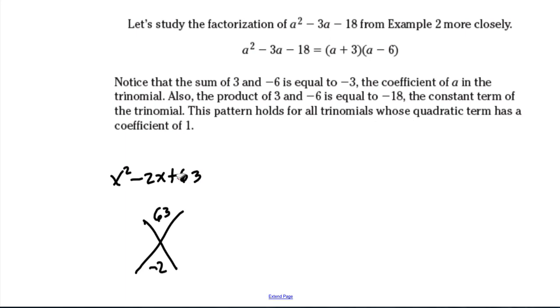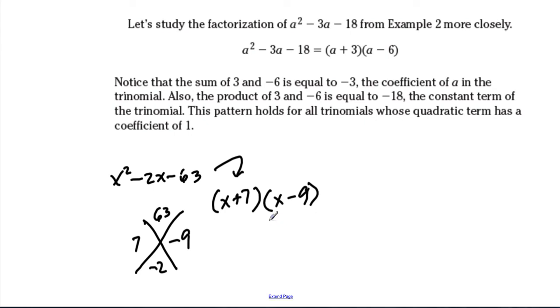My bad, this is actually negative 63. Okay, so that would be positive 7 and negative 9. So since the coefficient is 1, all you need to do is write down your x in quantities, and now you have plus 7 because it's positive 7, and subtract 9. That is the factored form.